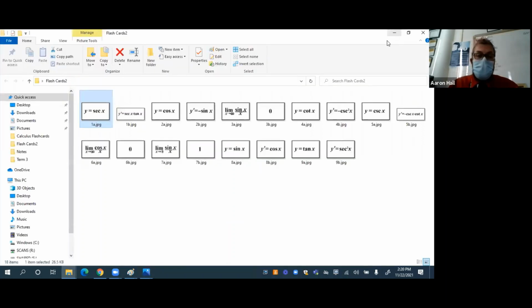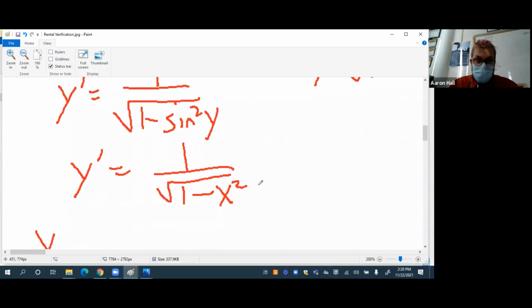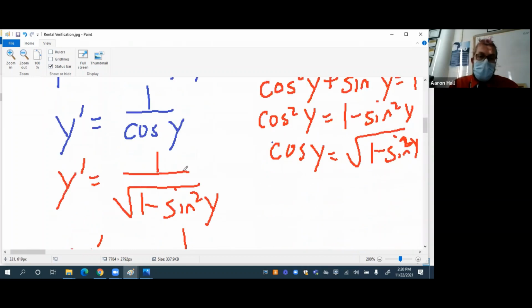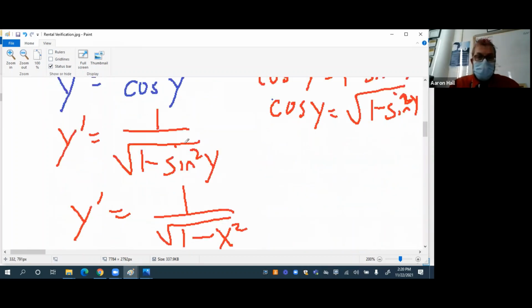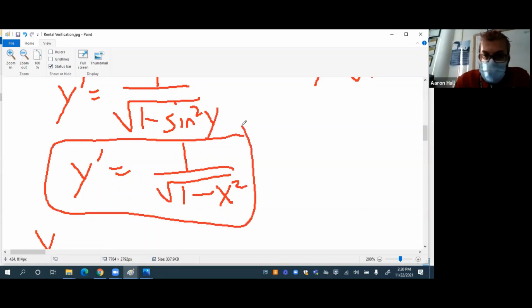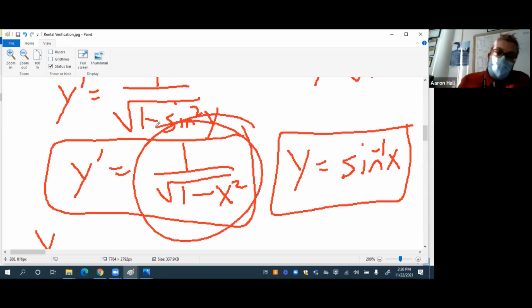So let's consider any guesses after all of that talk. The inverse of sine: on one side of our card we have y equals the inverse of sine of x, and the derivative of the inverse of sine of x is positive. It's something we have to memorize.